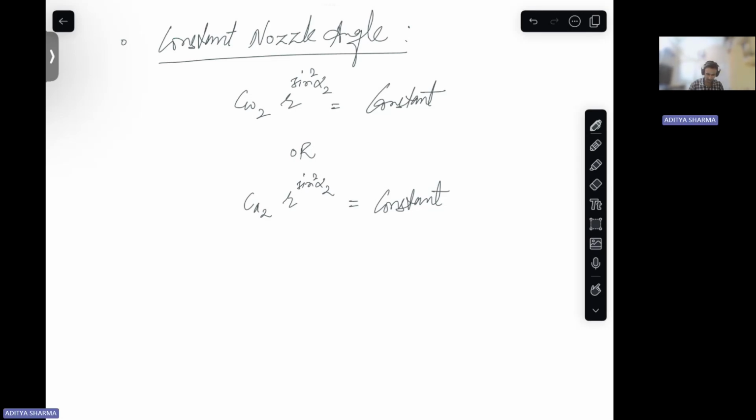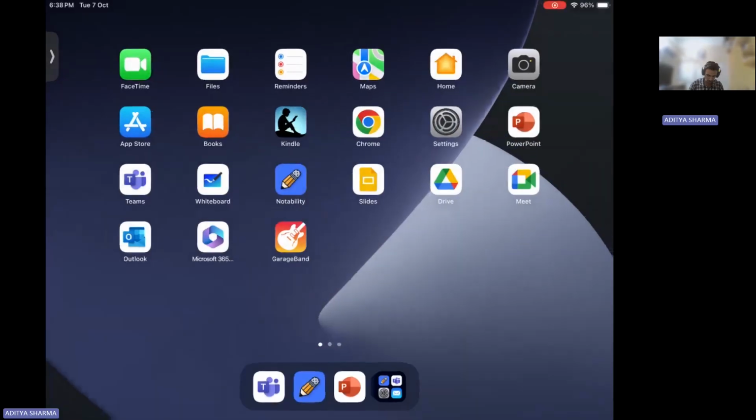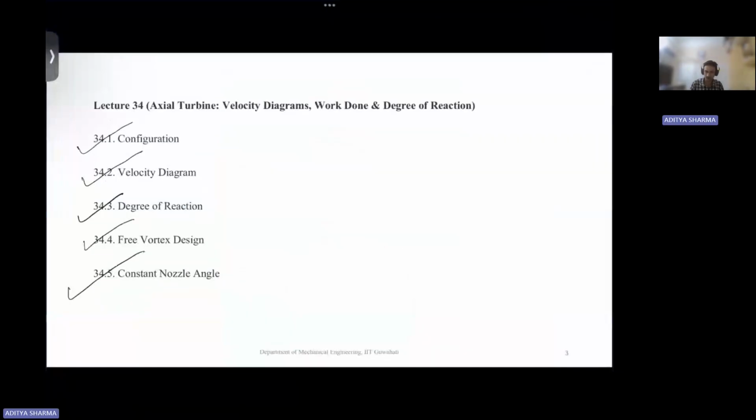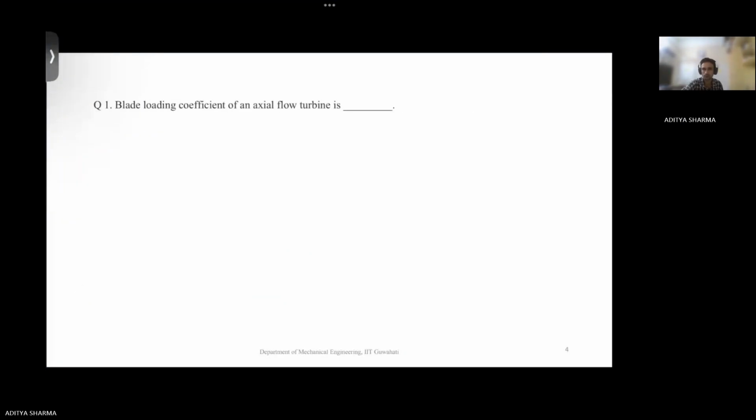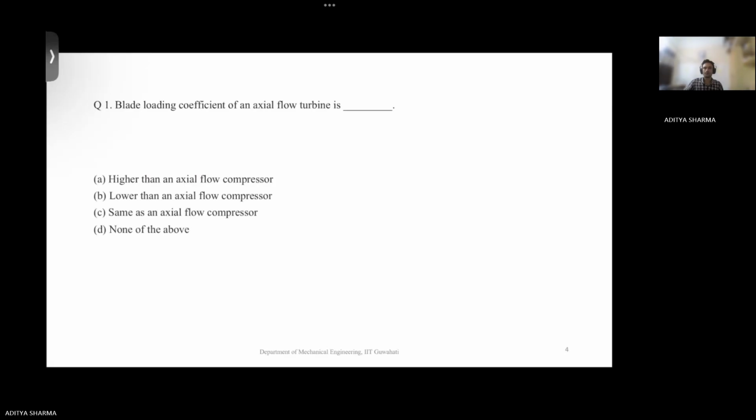Then, this is about lecture number 34. Let's see the questions related to it. The first question is: blade loading coefficient of an axial flow turbine is.